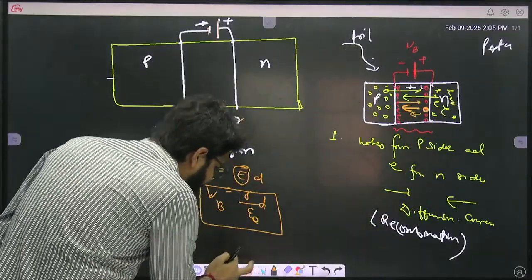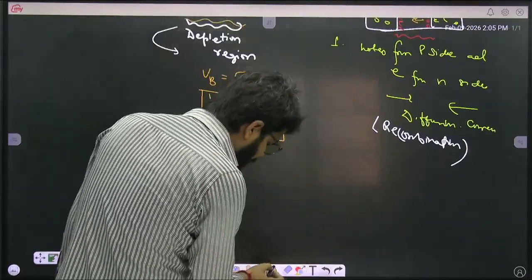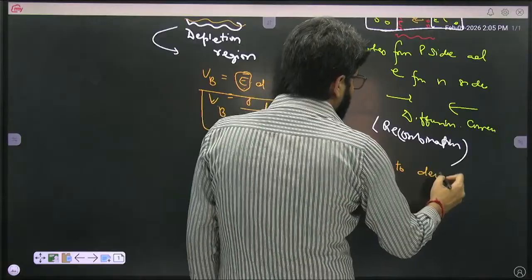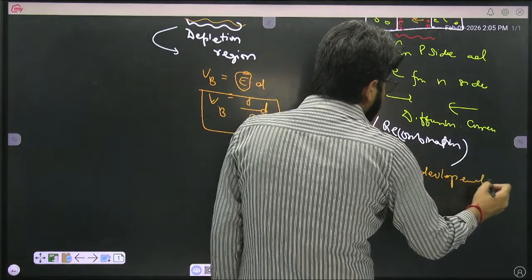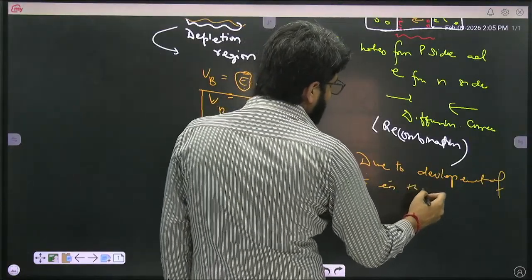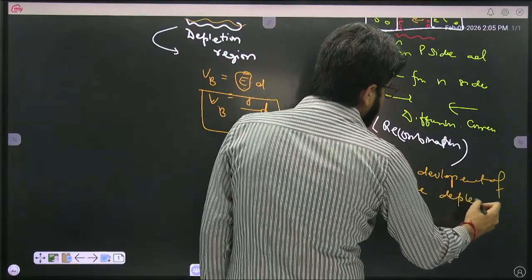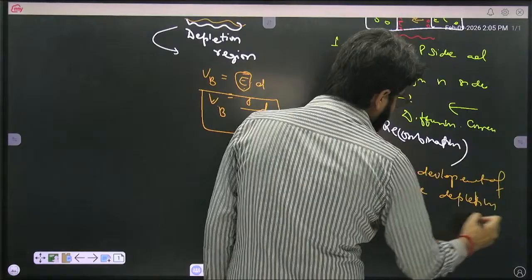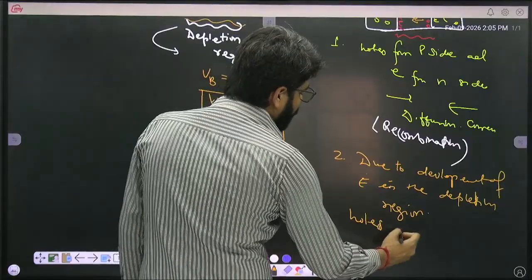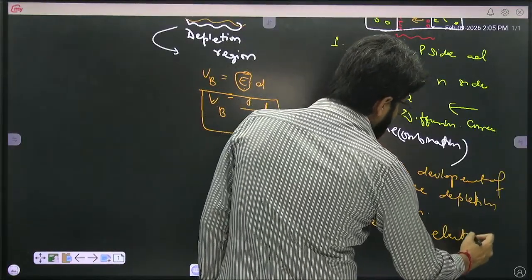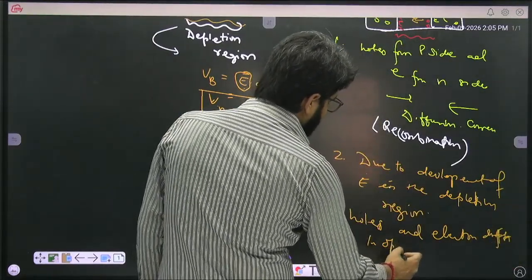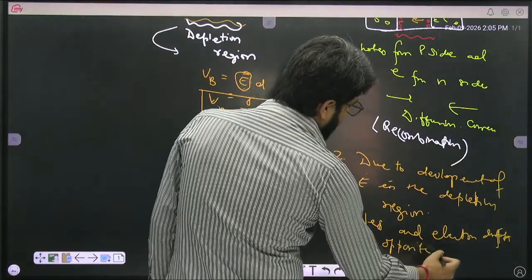So at the second stage, due to the development of the electric field in the depletion region, holes and electrons drift in opposite directions.